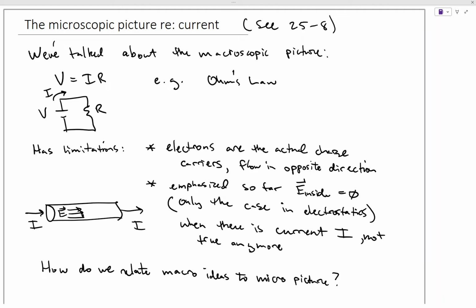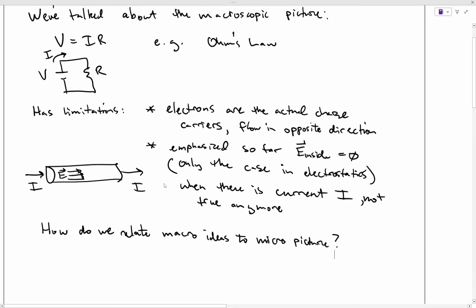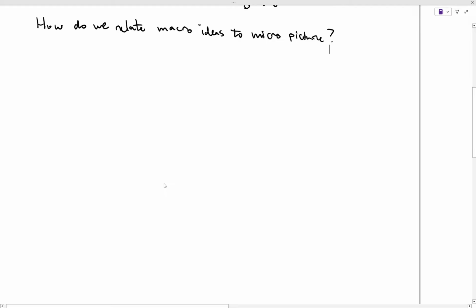So let's flesh this out a little bit. The kind of questions that come up are things like, how fast are the electrons going?